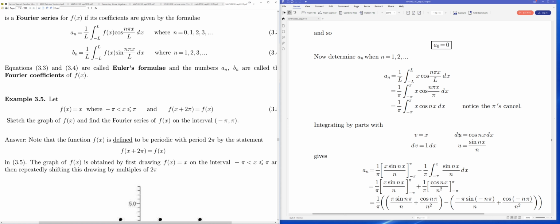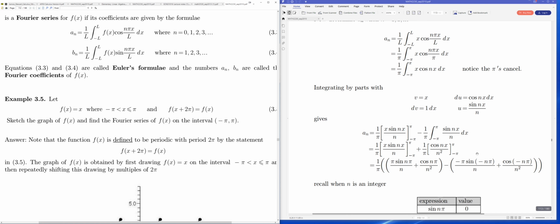Okay, and here, once I have this du, in order to get u, I integrate. And if I integrate cos nx, I'm going to get sine nx on n. Now I just use my integration by parts formula. I have uv, so this is x times sine nx on n, which I'm going to evaluate between pi and minus pi.